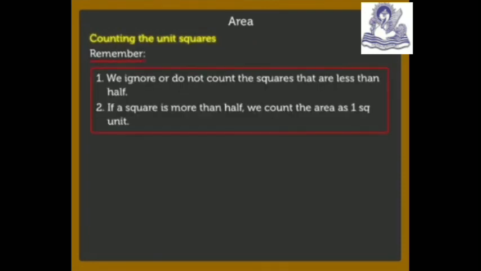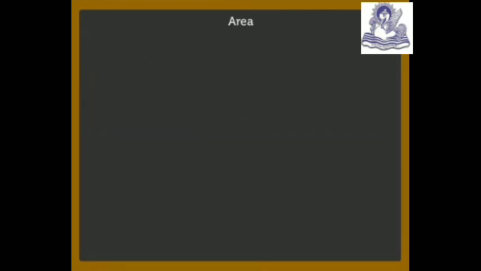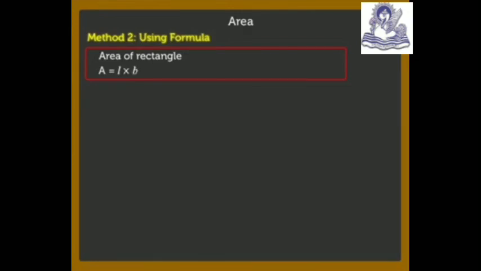Now let us see how to find the area using formulas. The area of a rectangle can be found using the formula A is equal to L into B, where A is the area, L is the length, and B is the breadth of the rectangle.